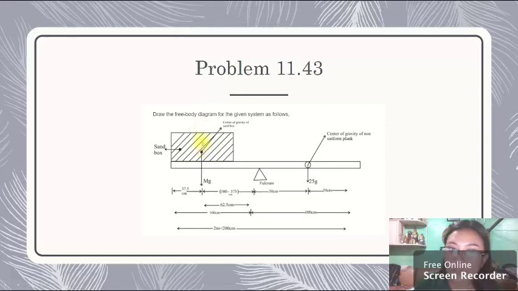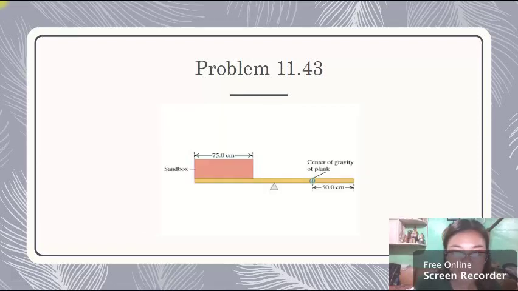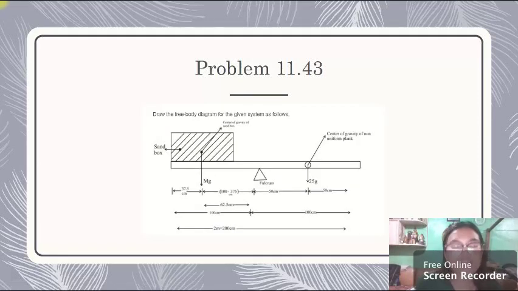So the length from this end up to this point is the length divided by 2 of the sandbox, which is 75 centimeters divided by 2. We're going to get 37.5 centimeters.